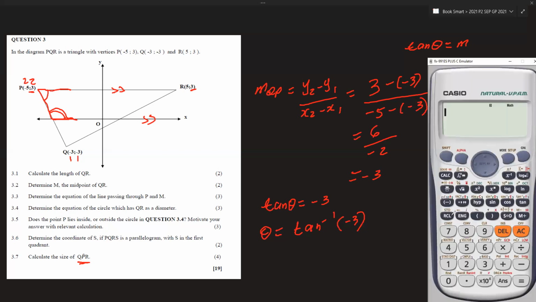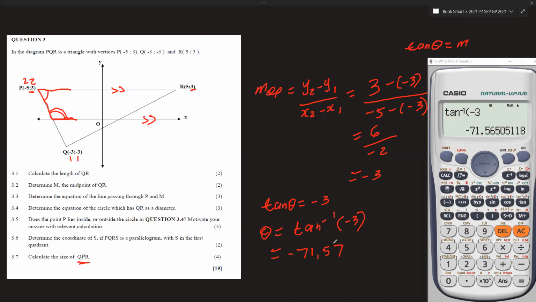Okay, I need shift tan -3. That gives me negative, okay. So it's going to give you -71.57.